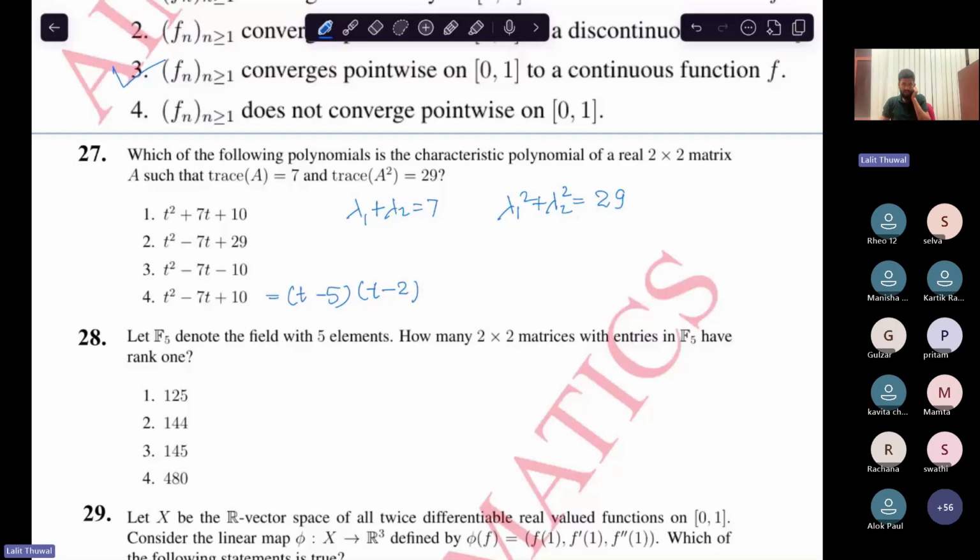Then I thought that 5 plus 2 can be 7, lambda 1 plus lambda 2, and 5 and 2 are the roots of option 4. So let's check. 5 square is 25 and 2 square is 4, so 25 plus 4 is 29 also. It means this is true. And we only have to find the true one, not the false one.